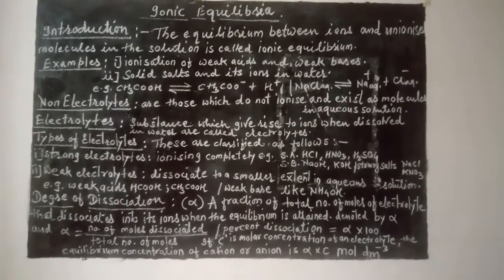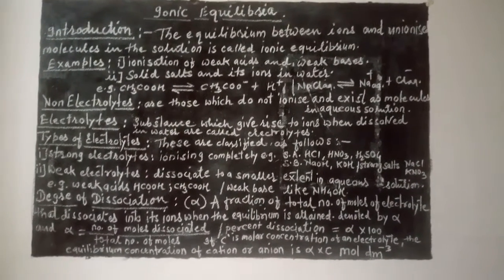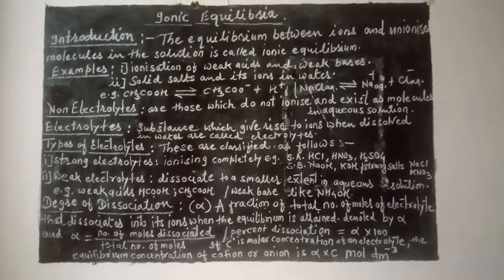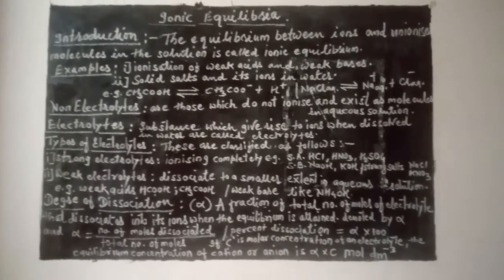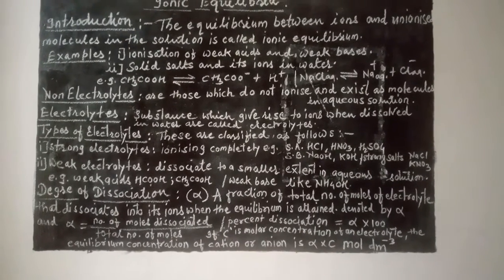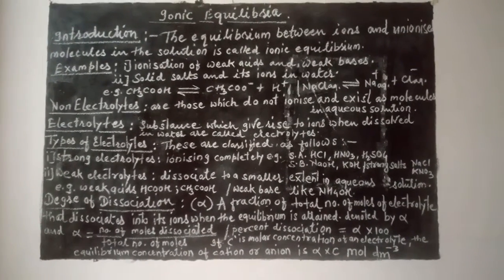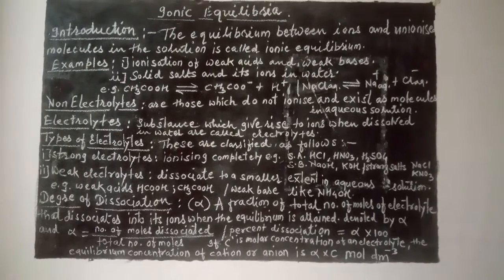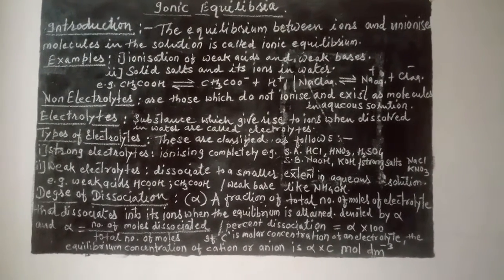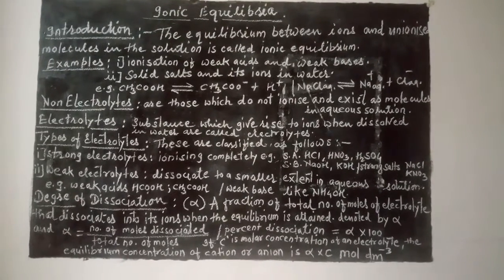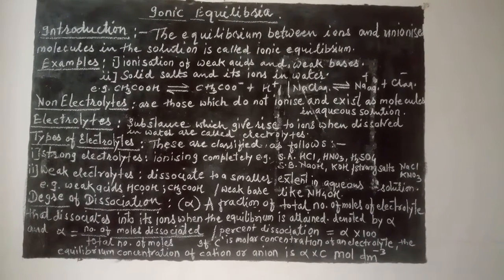Strong bases: NaOH sodium hydroxide, KOH potassium hydroxide. Strong salts like NaCl sodium chloride, KNO3 potassium nitrate. So all these when dissolved in water will give cations and anions and get ionized completely. So these are the examples of strong electrolytes.